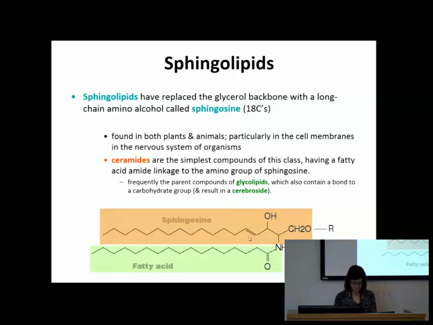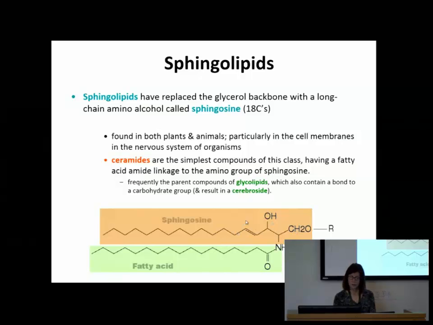You'll see ceramides in signal transmission in nervous systems. If you put a sugar group on this molecule, which we'll see in a moment, then it's called a cerebroside. See that side ending? That indicates that there's a sugar on there.